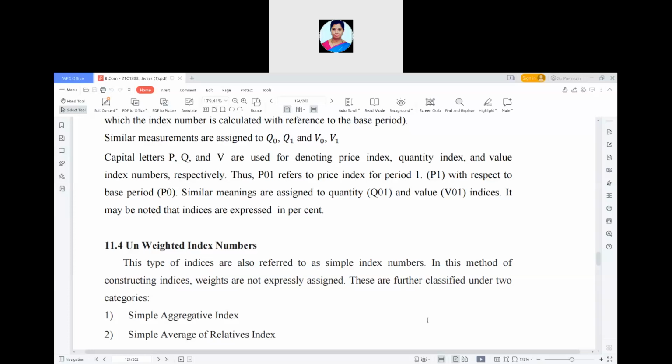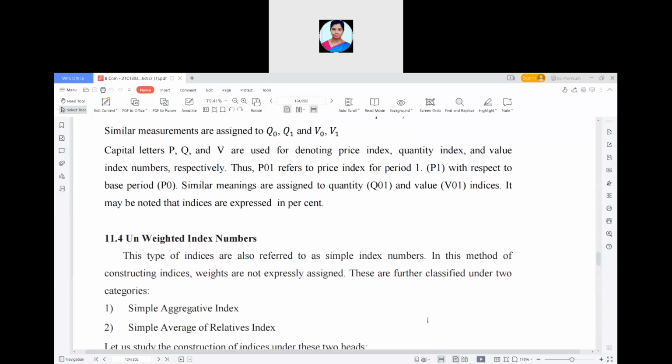In this unweighted index number, we have subdivisions as simple aggregative and simple average relative index. So we have further classifications under unweighted index number.